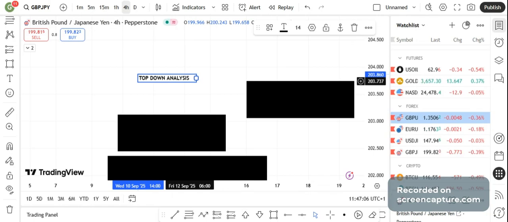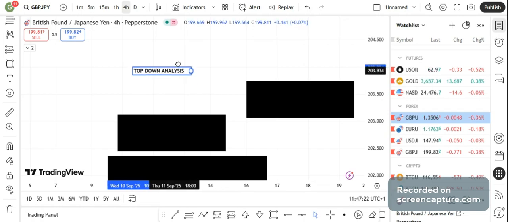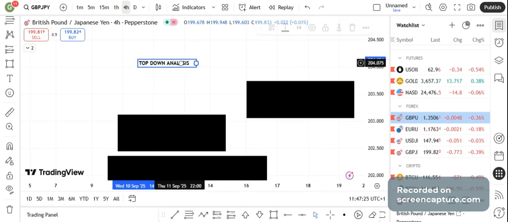So checking the higher time frame really helps a trader to understand what has happened, what is happening, and what will happen in the future. Now let us dive into it.